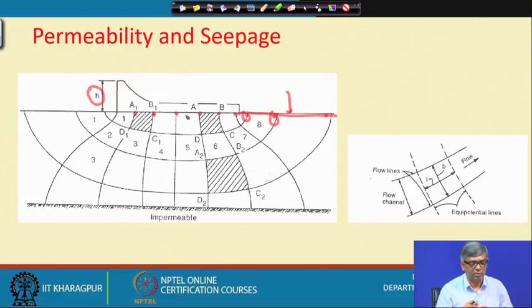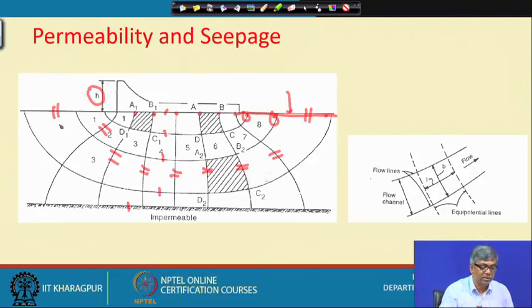It is not very simple to draw this one. Only one thing one has to remember: this is a flow line, this is a flow line, there is a flow line here, and there is a flow line here. Similarly, these are all equipotential lines. Now, the one thing to be remembered is that flow lines and equipotential lines intersect each other at right angles.